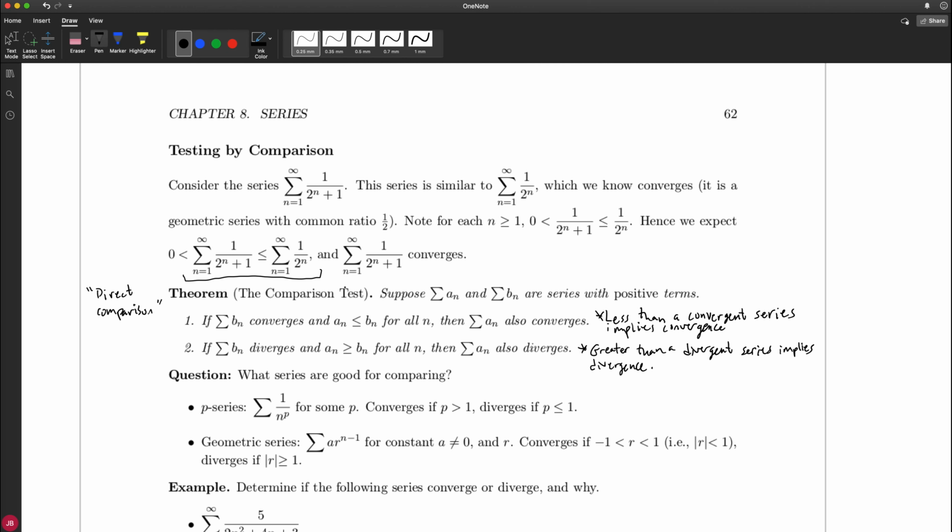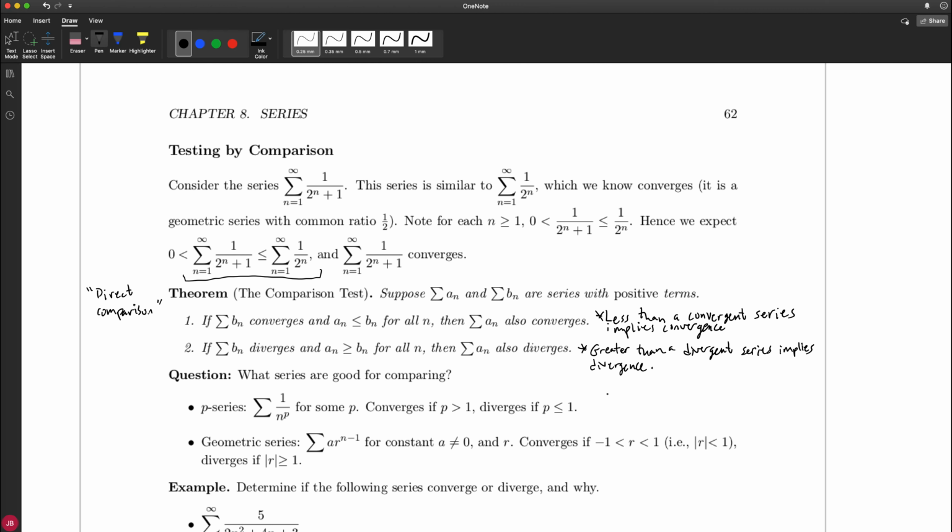And so that's really what the comparison test says here. And so for number 1, we can just unpack this as saying less than a convergent series implies convergence. And part 2 here, greater than a divergent series implies divergence. Now you'll notice that the two crossover cases, I'm not even going to write them down, but they don't apply, right? If you're larger than a convergent series, that tells you absolutely nothing.